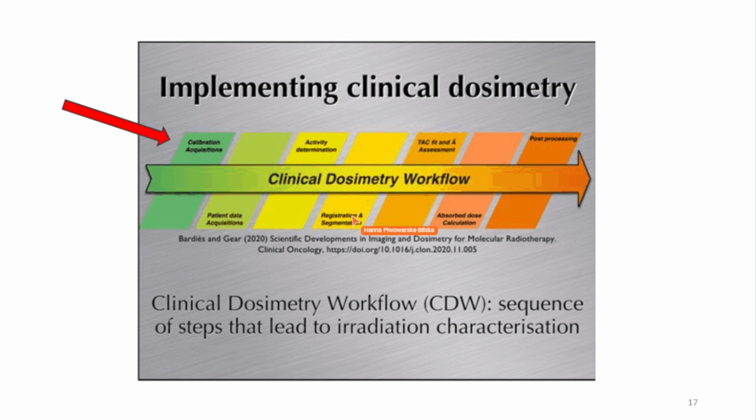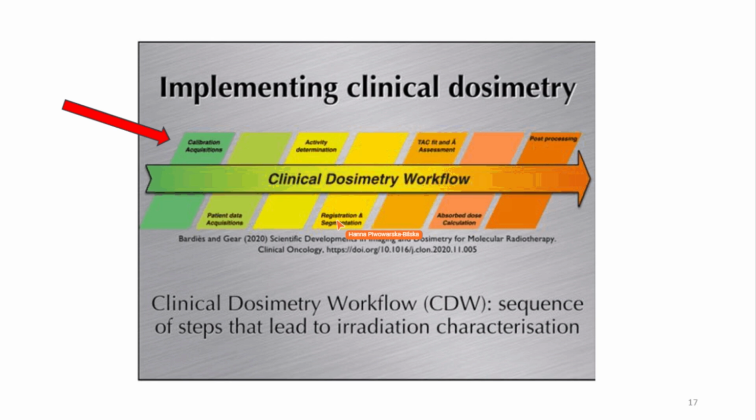Next steps for clinical dosimetry after the calibration: acquisition of the series of images for the patient's data input on the activity administered, and registration, so positioning of the series of images. This is a necessary step before we start the quantitative analysis.